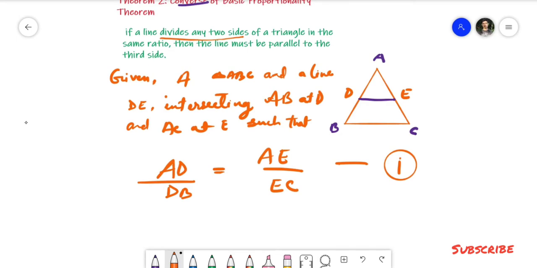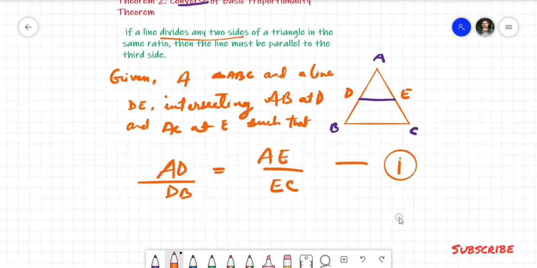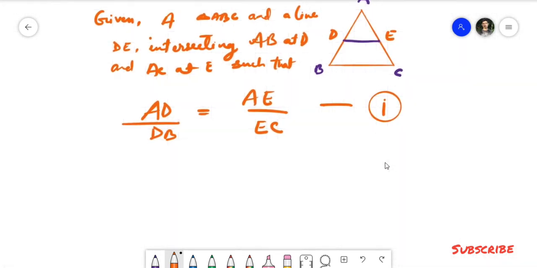If a line divides any two sides of a triangle in the same ratio, can you see these two sides divided, so I wrote the ratio, AB and BD. I wrote it like this, like we proved in the earlier theorem number 1. So we need to prove that DE is parallel to BC.